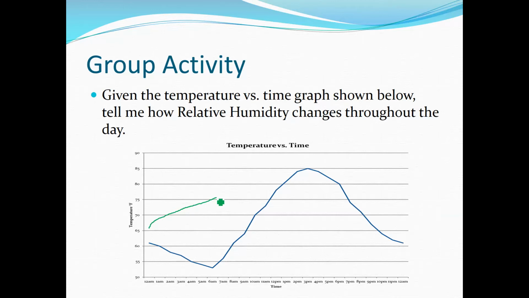Then, as temperature goes up, relative humidity begins to go down and down and down until the warmest time of the day, which on this graph is approximately somewhere between 3 and 4 p.m. Then, as the earth cools, relative humidity goes up again until midnight.